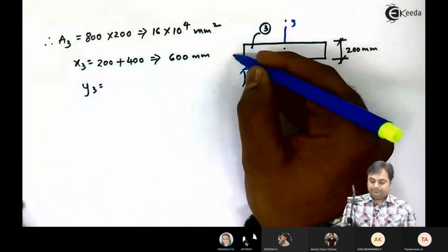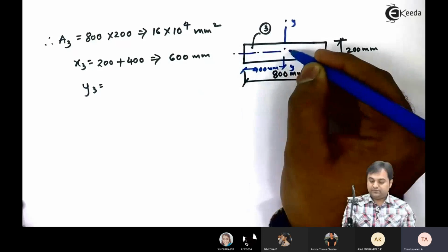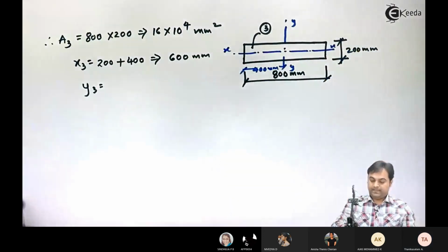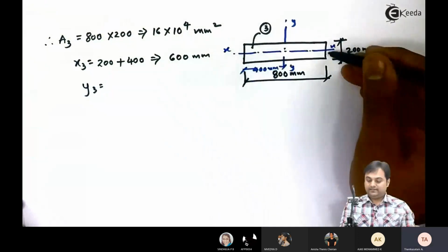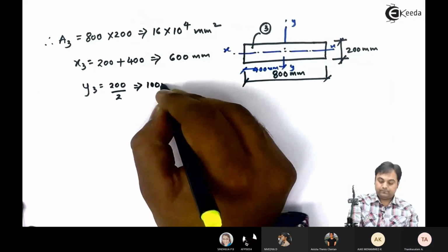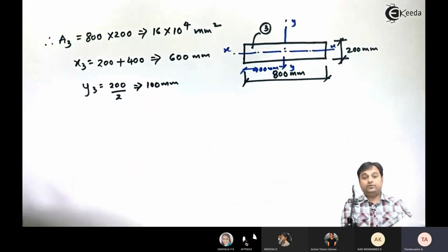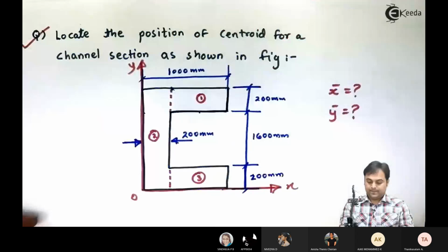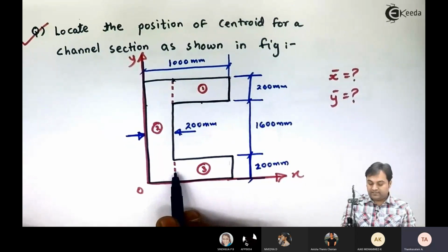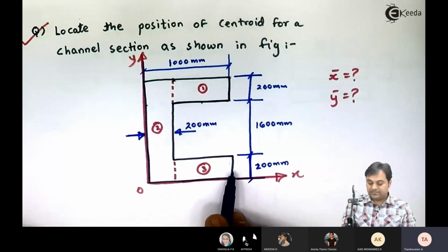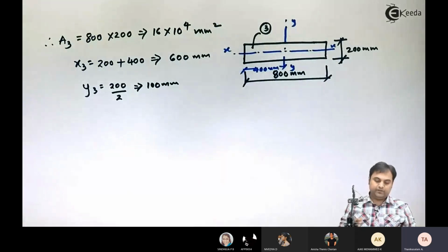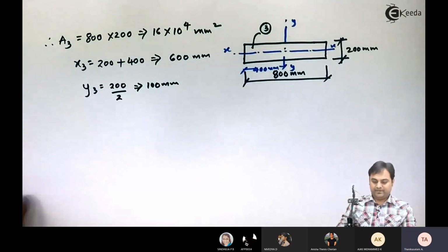Y3 will be the location of the x-axis for the third rectangle, and this x-axis will be at half of 200, that is 100 mm, because if we look at the diagram of the C section, rectangle number 3 is lying on the x-axis. So its distance from the x-axis will be half of 200.